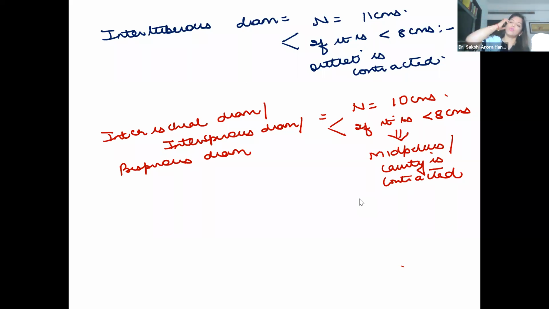Now, this is theoretical. Practically, how am I going to know whether the interischial diameter is normal or not? One is you should try to feel the ischial spines of the patient, right? Normally, in a gynecoid pelvis or in any pelvis, ischial spines are not prominent except in android pelvis. Android pelvis is a male-shaped pelvis.